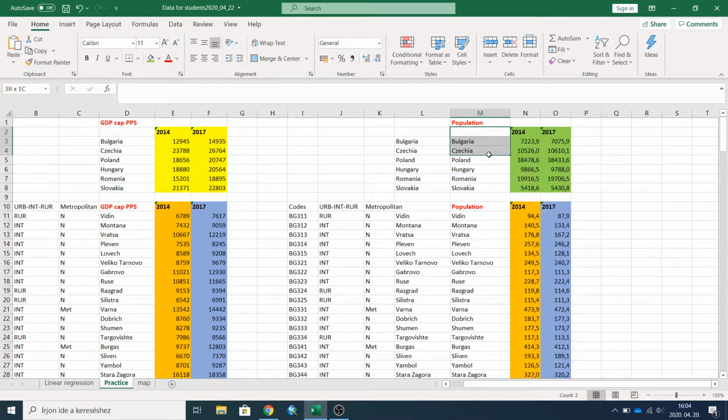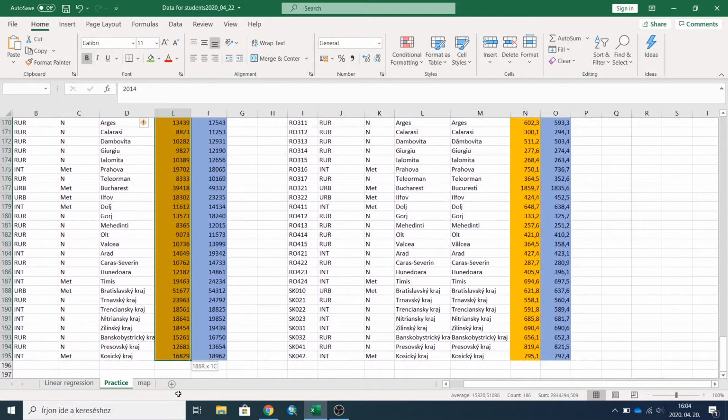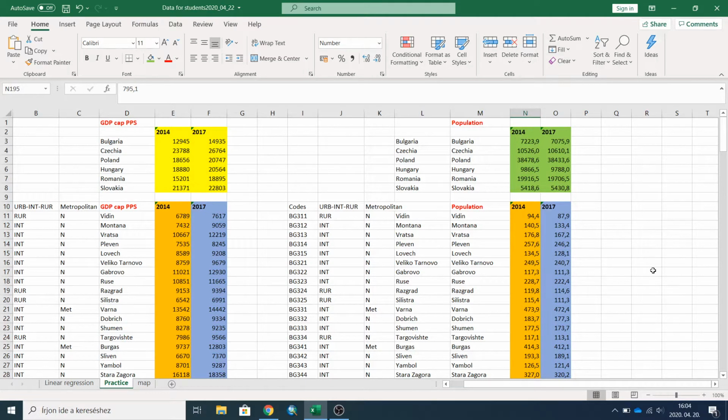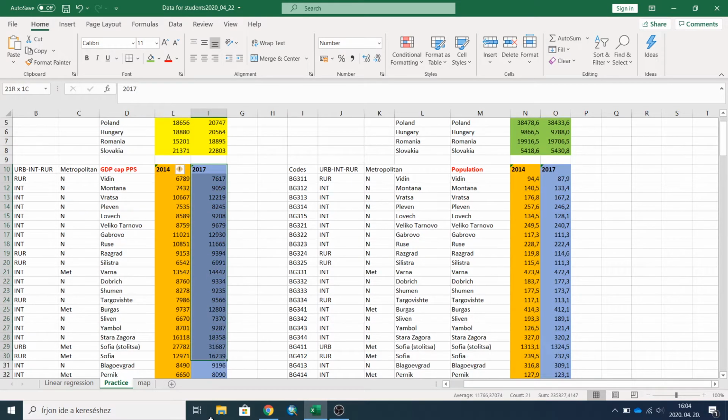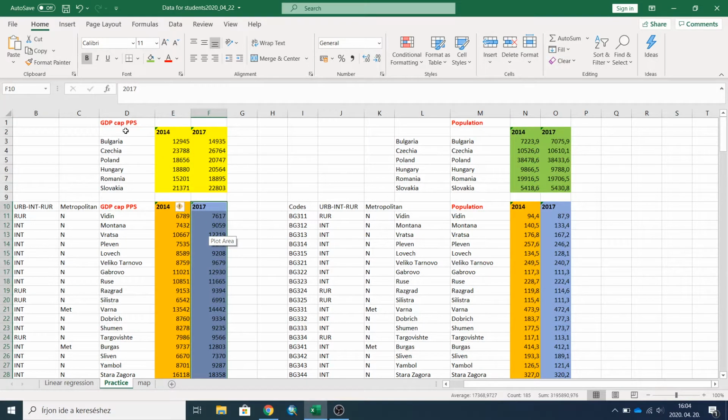I would like to see another one based on population, and after that one comparison based on GDP per population, 2014, based on NUTS 3 regions of these post-social countries. And last, a fourth chart based on 2017 data. Understand? I would like to see four linear regression charts based on linear analysis.